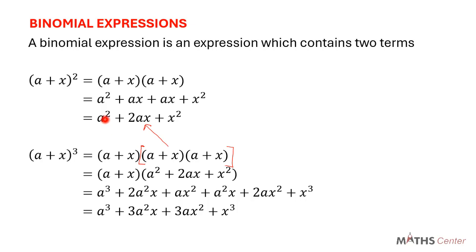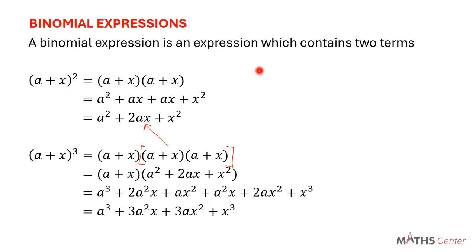As you can see from the two examples that we have considered here, as the exponent on the binomial expression gets bigger, the expression becomes quite tedious to expand.